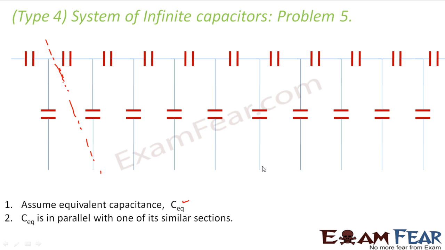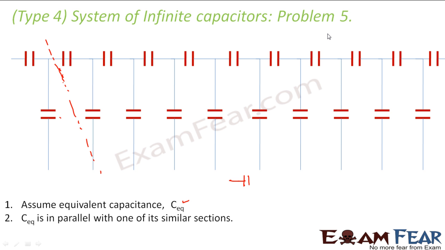If I make such an assumption, that would mean when there is a circuit with infinite such combinations, if I remove one combination from that, it will not make much difference, right? If you have an infinite number of balls in a bucket, if I remove one ball out of that, even then you will say that there are infinite balls in the bucket, right?